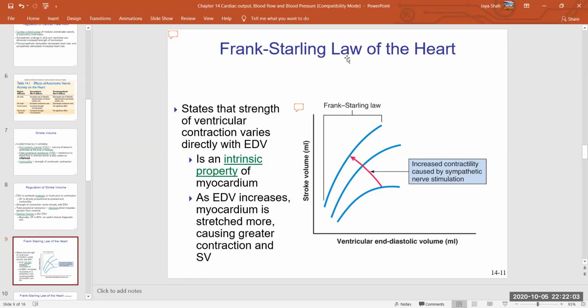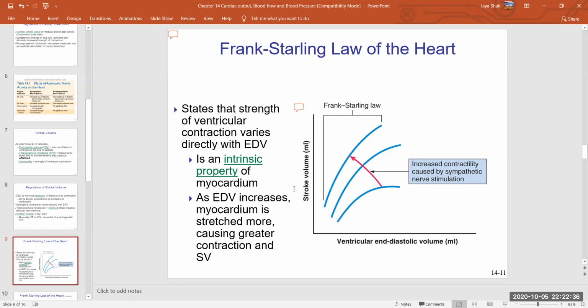Frank-Starling law of the heart states that strength of ventricular contraction varies directly with EDV, and this is an intrinsic property of myocardium, means cardiac muscle in the heart wall. As end-diastolic volume increases, myocardium is stretched more, causing greater contraction and larger stroke volume.